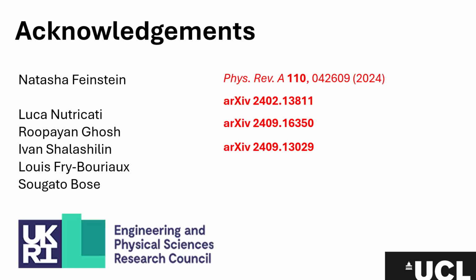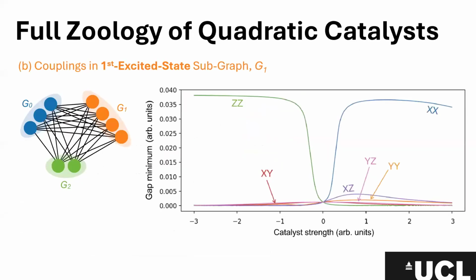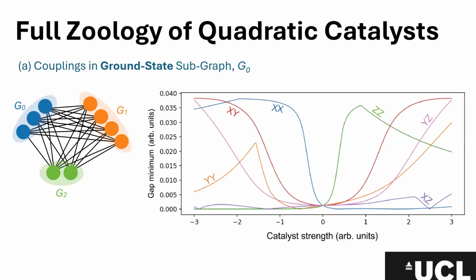Yes, that's a fair comment. I mean, the perturbative analysis only works if we have a perturbative gap minimum. In some of the instances, and I'm afraid I can't remember which, when I showed you the full zoology, some of these really do not match the perturbative analysis at all. Details of this, I'm sure, will be in Natasha's thesis when it appears.